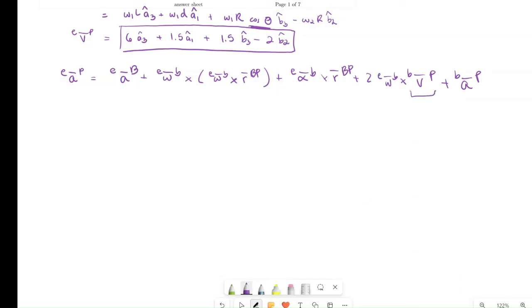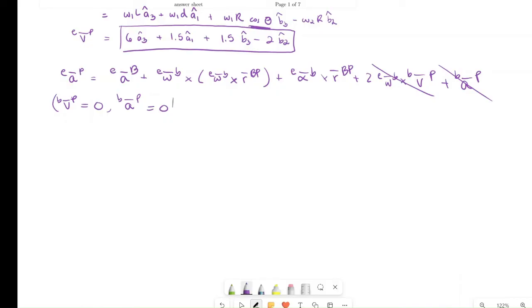If the velocity is always 0, then the acceleration is also going to be 0. So this is great because that means we can eliminate these two terms entirely. So V, P, and B is equal to 0, and the acceleration of P with respect to the B frame is equal to 0.